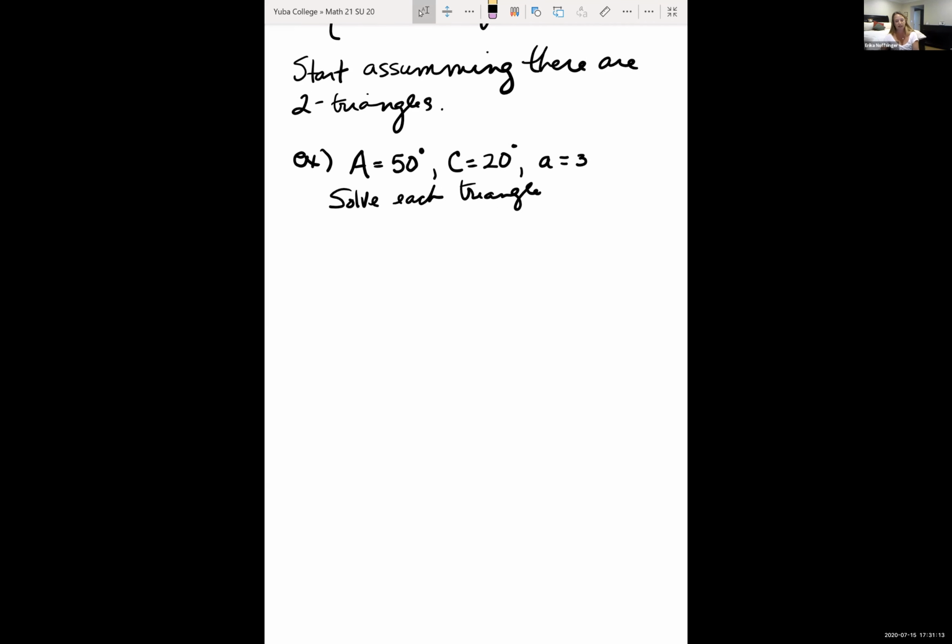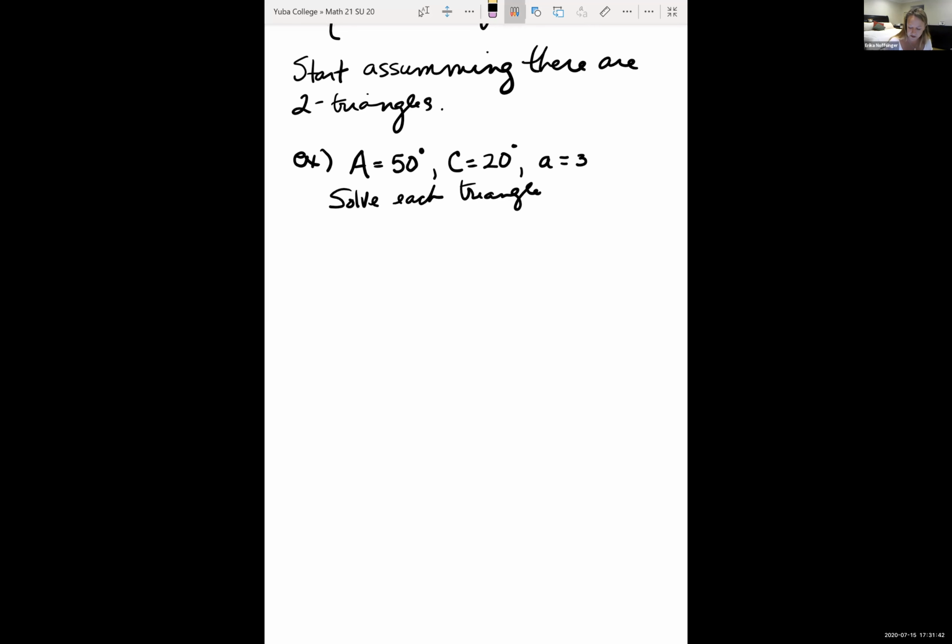Okay, so looking at this, I know that I would want to use the law of sines, just because I see I have angle A and I have side A. There are cases that we'll learn where we can't use the law of sines right away, and we'll have to use the law of cosines, but you have to wait for that. So notice right now, we have angle A and angle C. If we have two angles of a triangle, then we know what the third angle is.